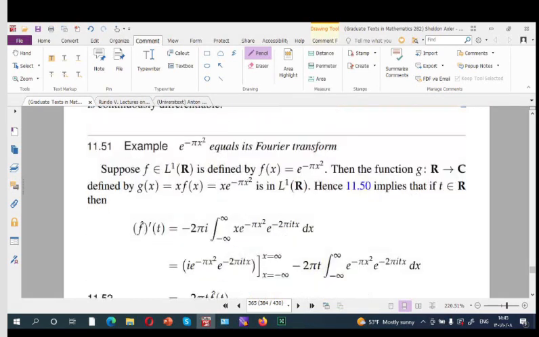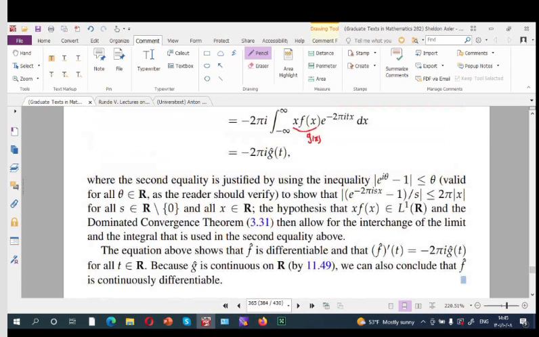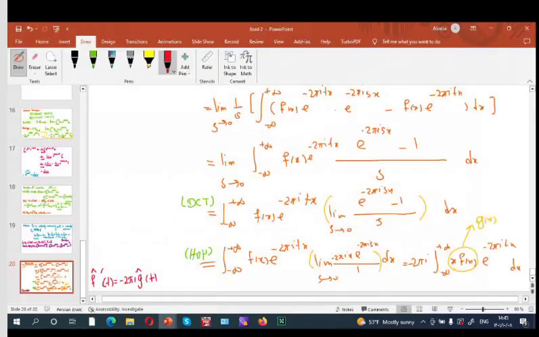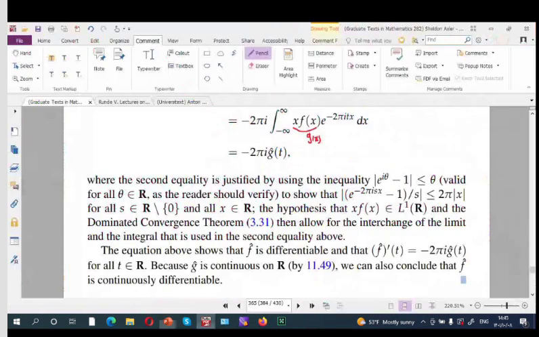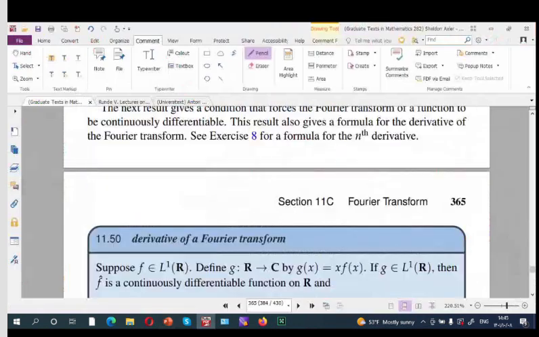But it is very important that we use DCT for replacing limit and integral, because we assume that this function is an integrable function.